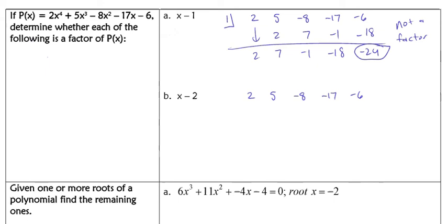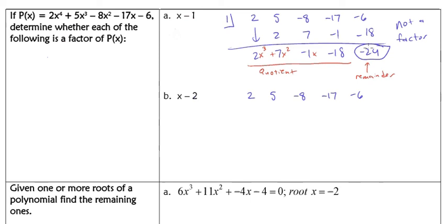Now, just in some other terms, this here, 2x to the third plus 7x squared minus 1x minus 18, that would be our quotient. And our minus 24 is our remainder.